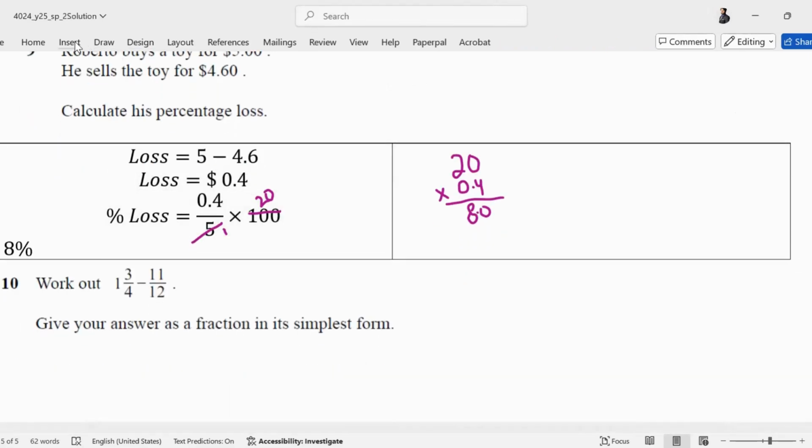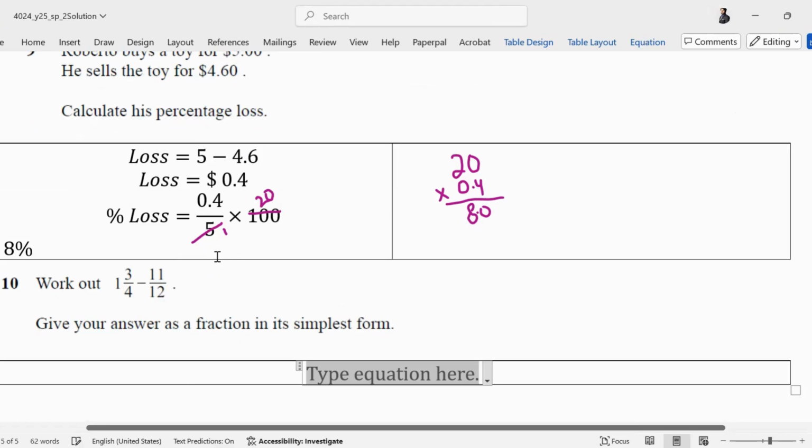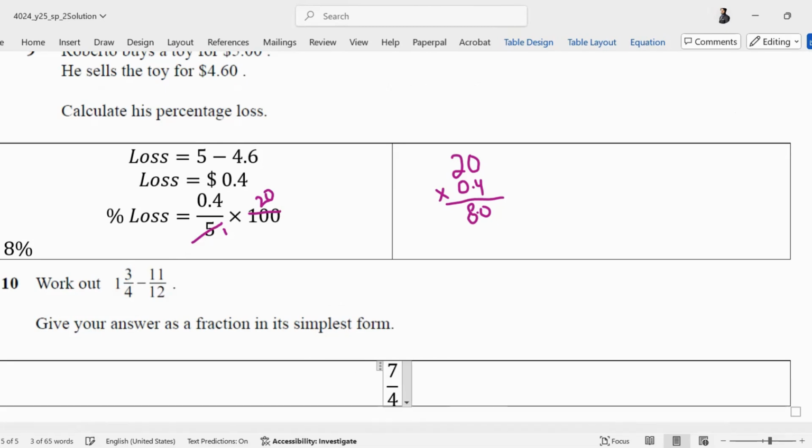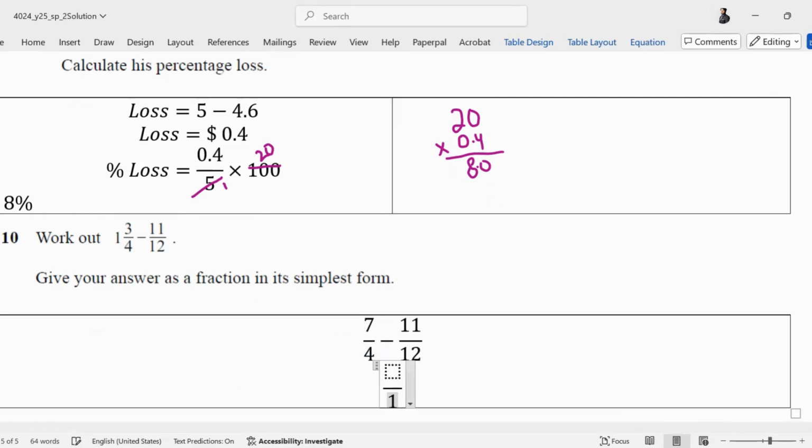Work out this, give your answer as a fraction in the simplest form. First, we'll convert these mixed numbers into fractions. 4 ones are 4 plus 3 is 7 upon 4 minus 11 upon 12. We'll have to make the denominator the same, so we'll multiply this by 3. We'll also need to multiply the numerator by 3. So the denominator will become 12.